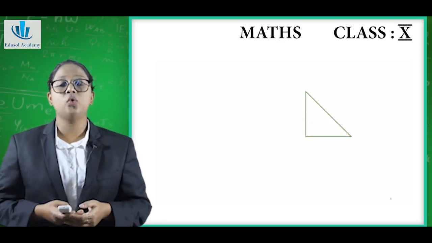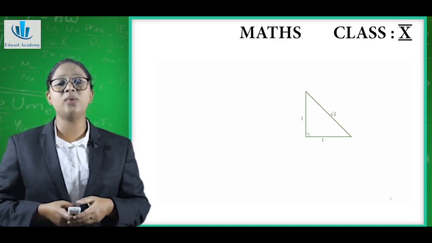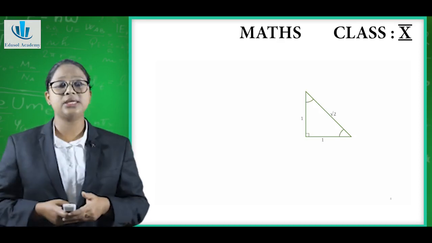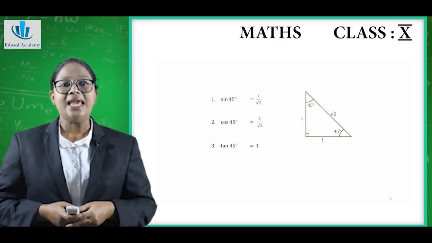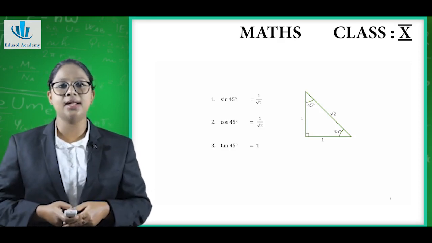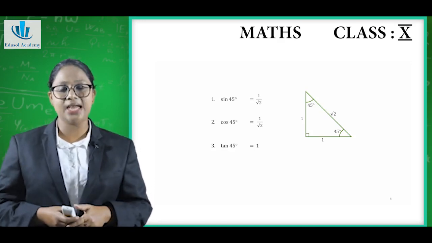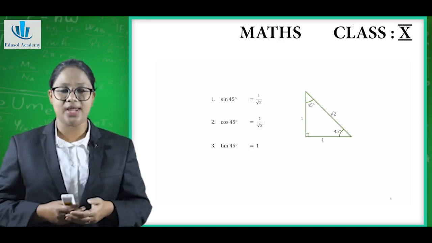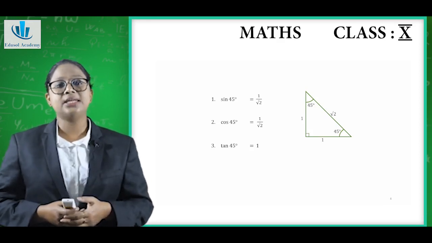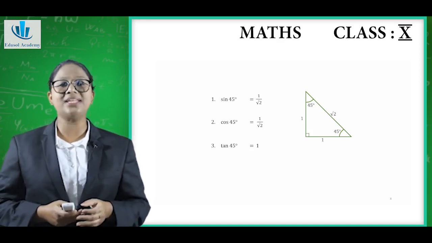Now, moving on to 45 degree, that will be done alone. For this one, we have to consider a right-angled isosceles triangle. In a right-angled isosceles triangle, the two arms of the 90-degree angle will be equal, because it's an isosceles triangle. So let the equal sides be 1 unit each.